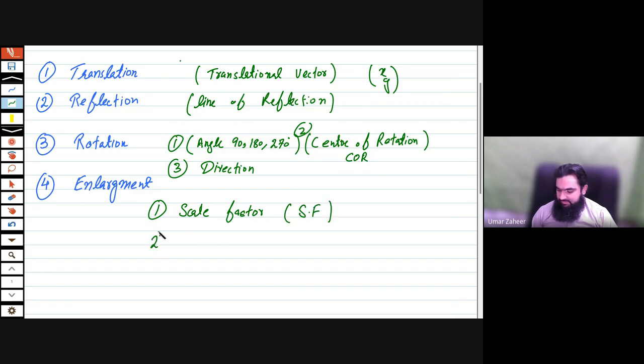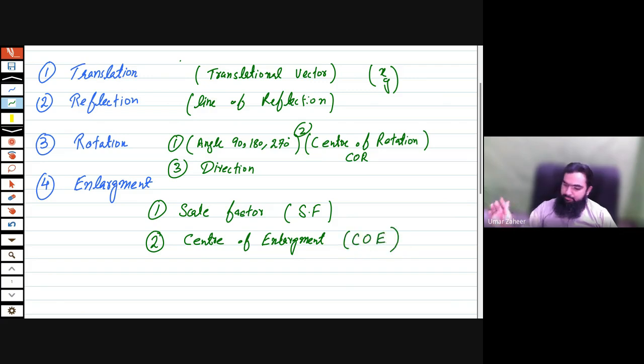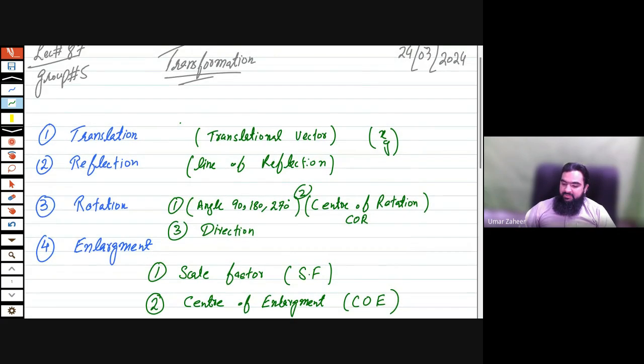The second thing that we need in the enlargement is the center of enlargement. That is CO. Yes, everyone, this is the whole transformation that we will do, inshallah. We will do the translation, reflection, rotation, enlargement.